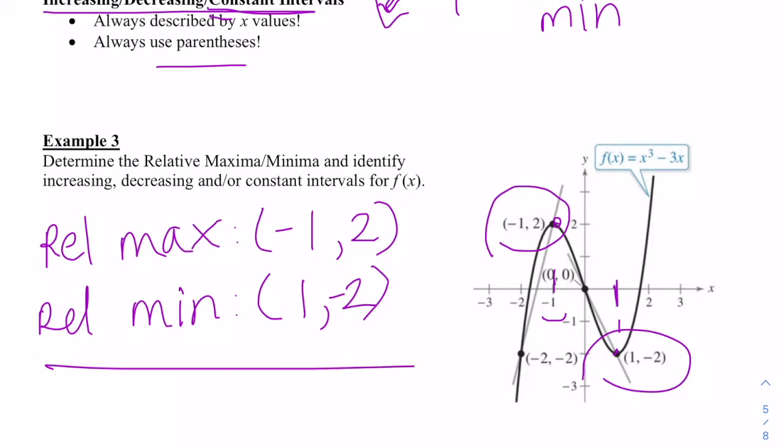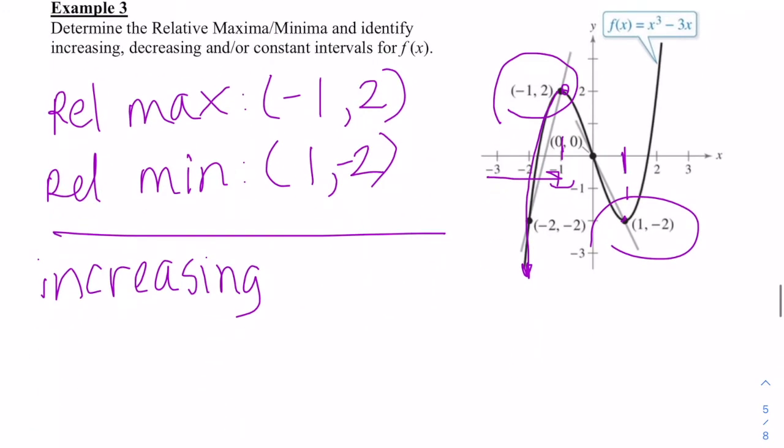So when we look at this function, it's increasing. This roller coaster is increasing. It's going up from negative infinity until you get to -1. And then it goes down until you get to the minimum, the relative min.